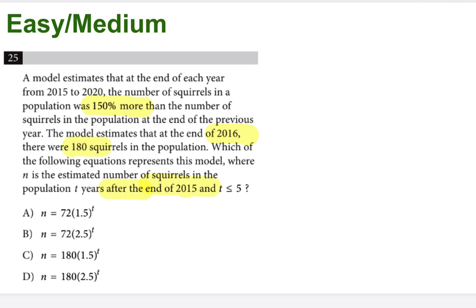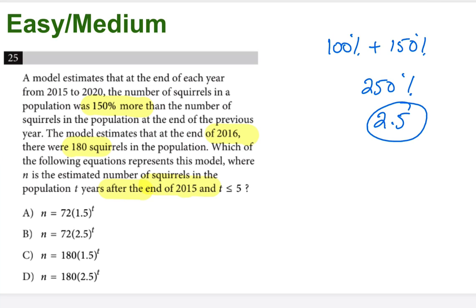After the end of 2015, going back to the 150% more, which is our trick today, you're going to add 100% and 150%. That brings you up to 250%, which is 2.5. So we know that our multiplier is 2.5. So we're going to eliminate 1.5, which are choices A and C. Now we're at 2.5, but we're not sure whether it's 180 or 72 as the initial value.